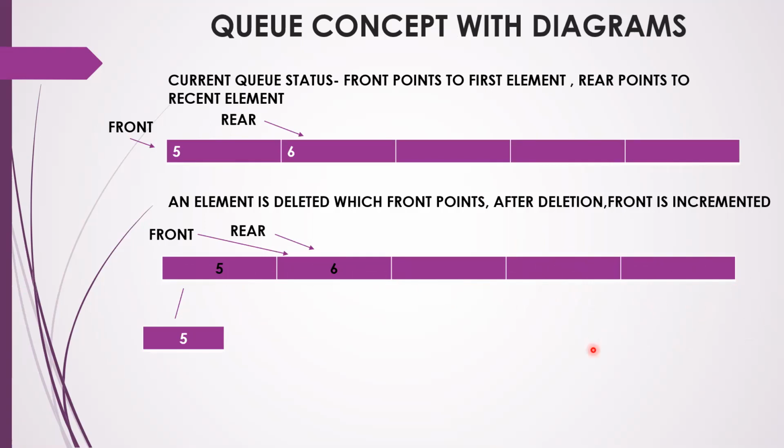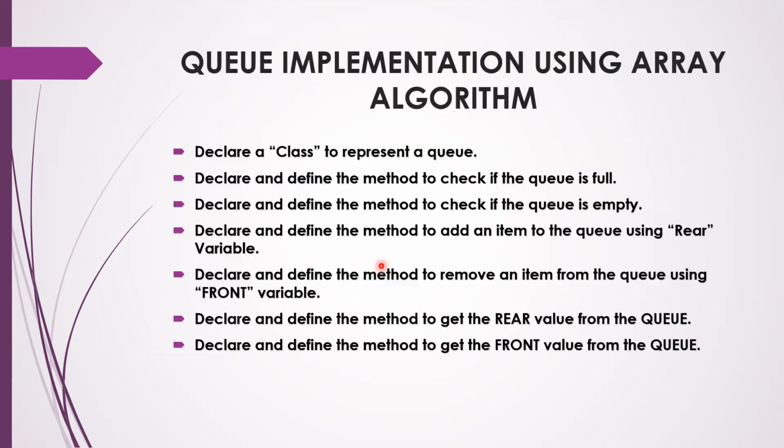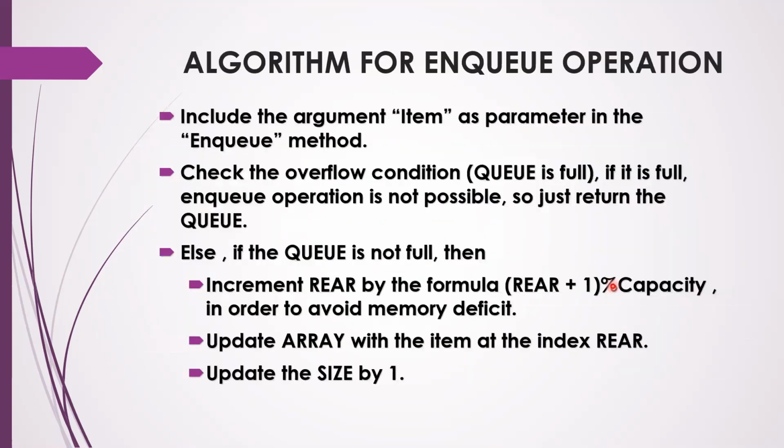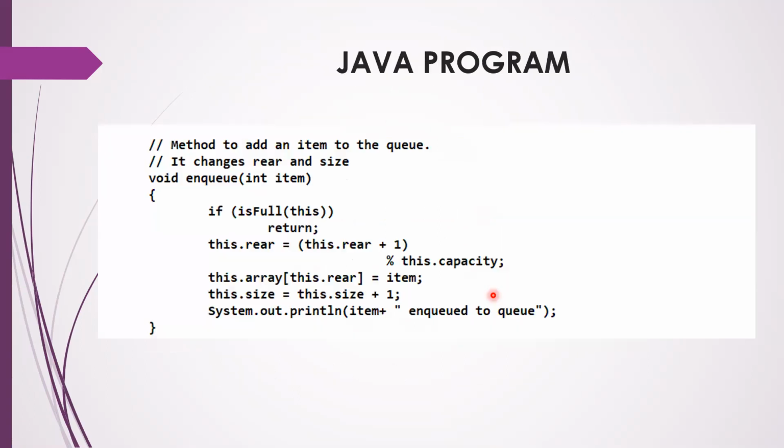Then you have to go to the first place. So the first index is what? 0. Here it will come. So that is what is given here: rear plus 1 percentage capacity. Just increment the rear pointer, but you have to have division by the capacity, and that modulus remainder will be the new rear pointer. So this.rear plus 1.